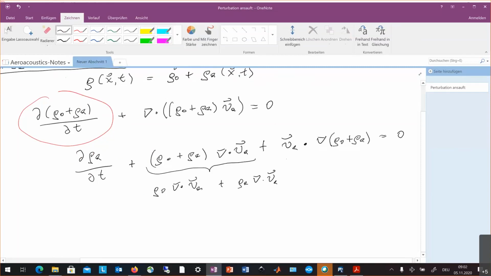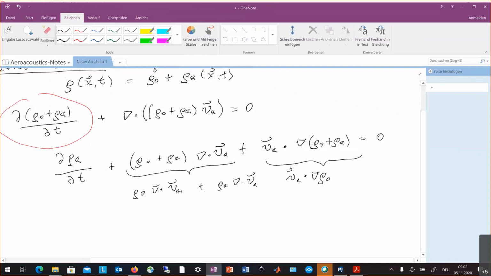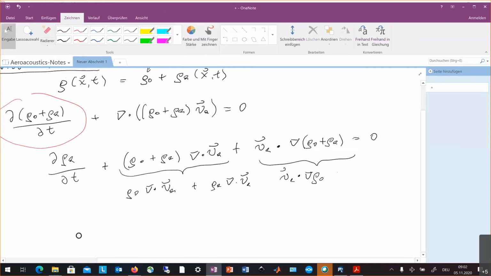And the other term you can rewrite as the acoustic particle velocity dot product with the gradient of the mean density, plus the acoustic particle velocity dot product with the gradient of the acoustic density.